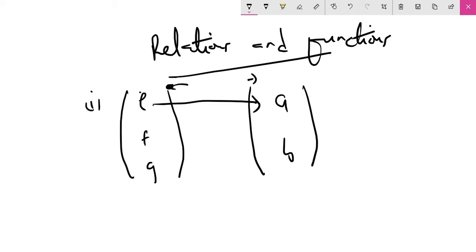Think of here as an entry and an exit. So when I put this in here, I can get, say, this. When I put this in here, I could get this.